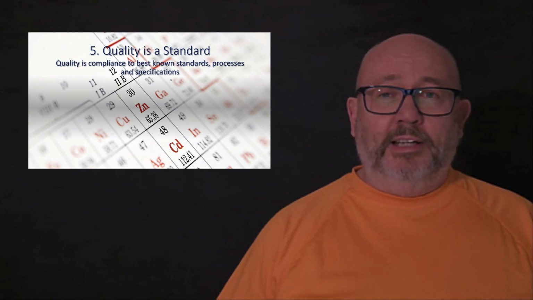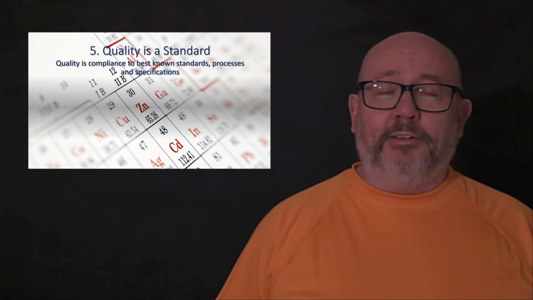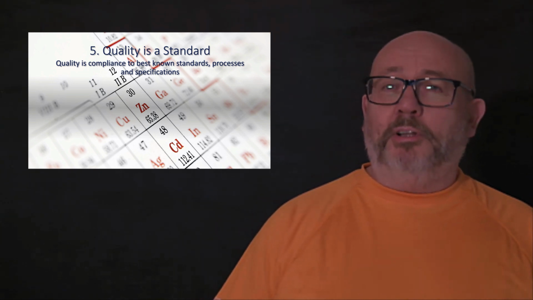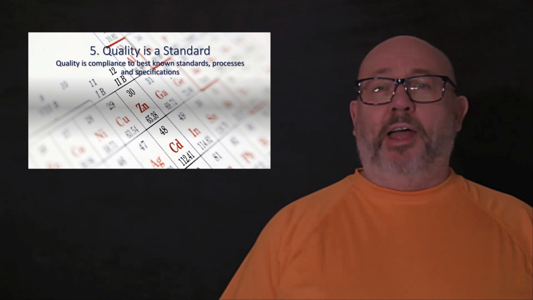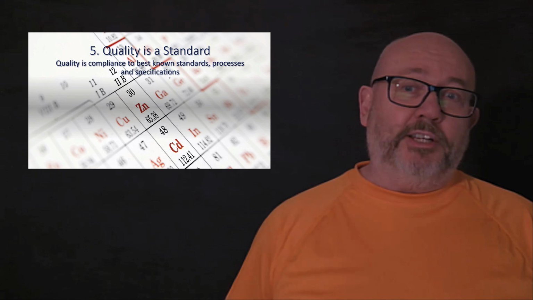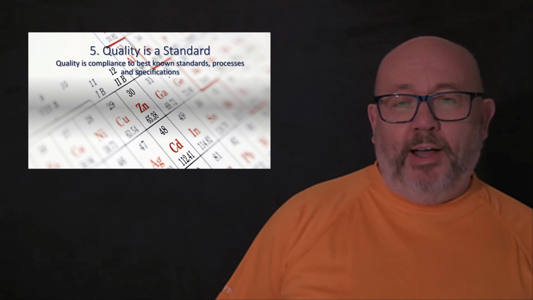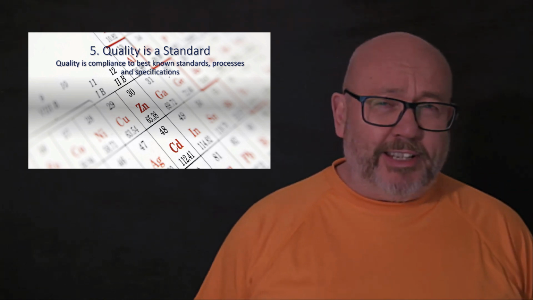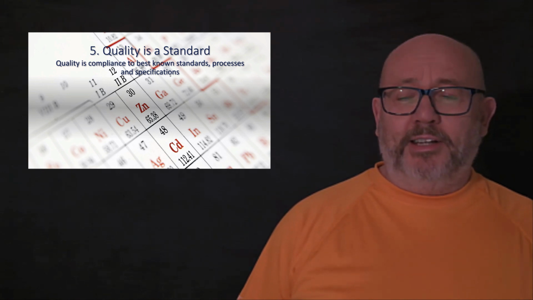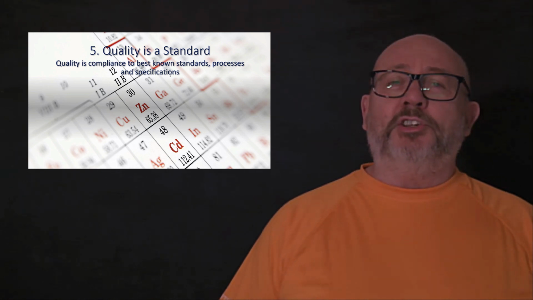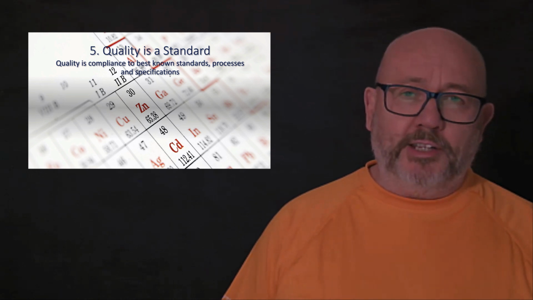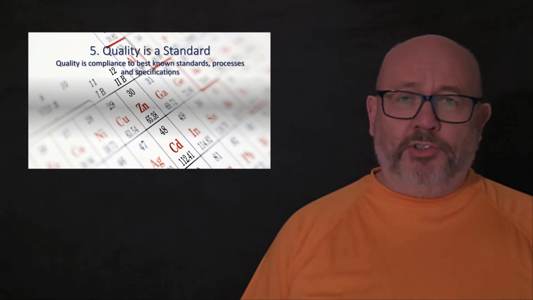Now, some folk love the idea of a standard, and that we can define a standard for quality, let's say. And so quality is compliance to a well-known standard or an agreed standard. But what we find in the software engineering standards in particular is they don't give us standards for quality so much as standards for process and behaviours in projects.